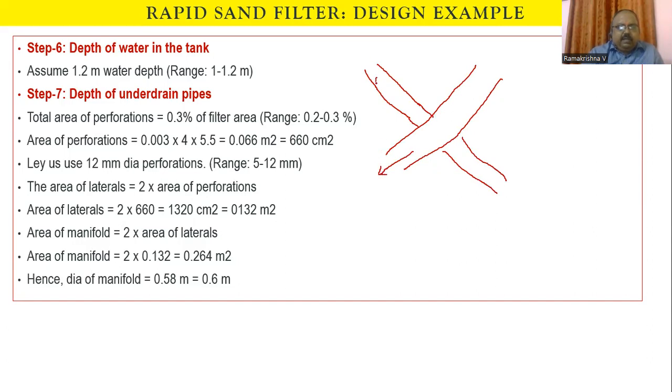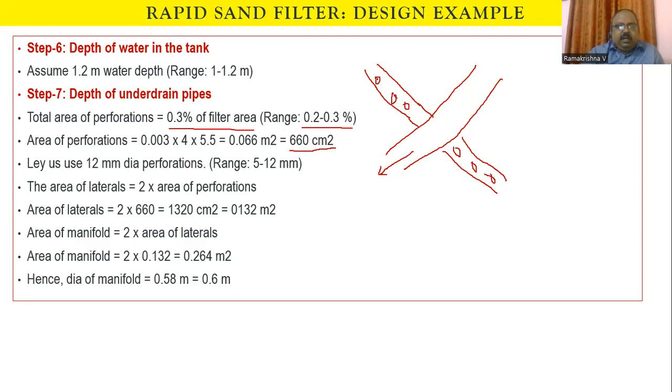So here you're keeping some perforations like this, and this side also, and this is the main diameter. So the total area of perforation should be in the range of 0.2 to 0.3% of filter area. Suppose we take 0.3% of filter area, so 0.3 divided by 100 into 4 into 5.5, it comes out to be 660 centimeters square, total area of perforations.